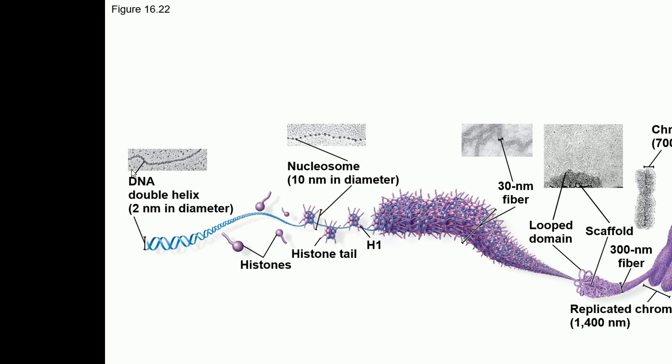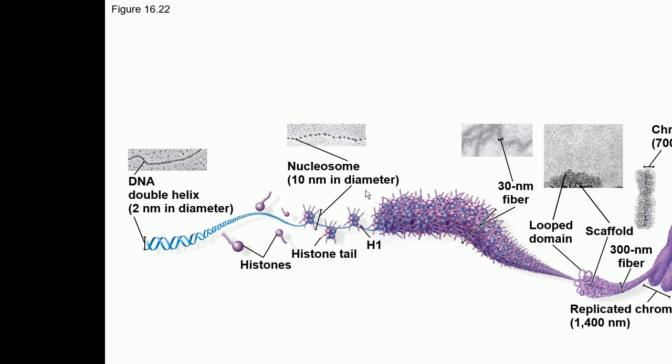So you can see this is your DNA, this is the DNA helix. It's 2 nanometers in diameter, and these are the histones, and you can see how the DNA is wrapped over these histones. When the DNA is wrapped over the histone, it's called a nucleosome, and the diameter becomes 10 nanometers. You can see how it is becoming thick.